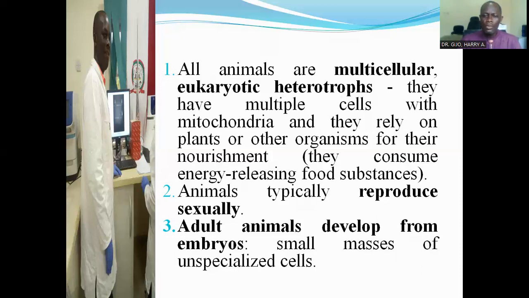Adult animals develop from embryos. That's the third distinctive characteristic. These embryos are small masses of unspecialized cells. Usually when fertilization takes place, it forms an embryo which develops into a full offspring that's given birth to in the case of the viviparous species.